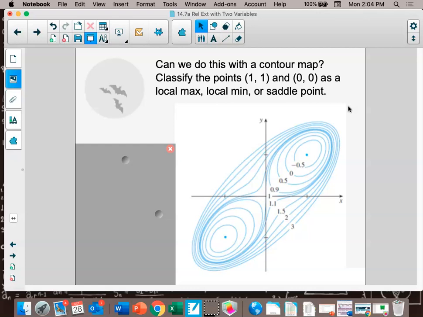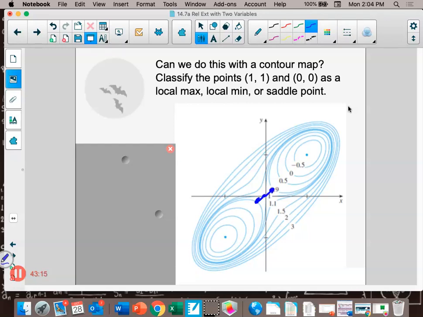Good. What about at 0, 0? Someone hasn't spoken. Zach, did you say saddle point? You thought it was a max? Ryan, did you say saddle point? Do you want to explain why? Well, if you go one direction, it's decreasing. So if you look at this point, it has a z-value of 1.